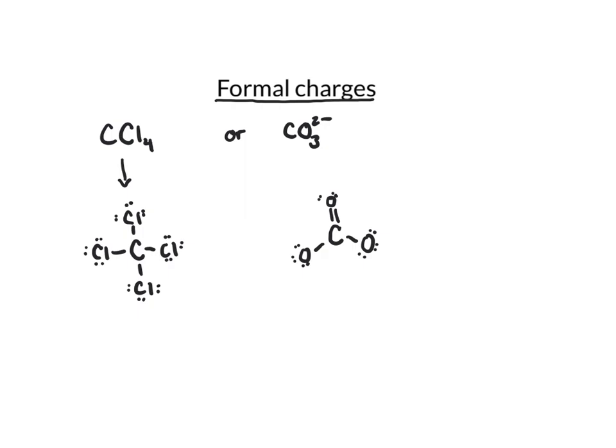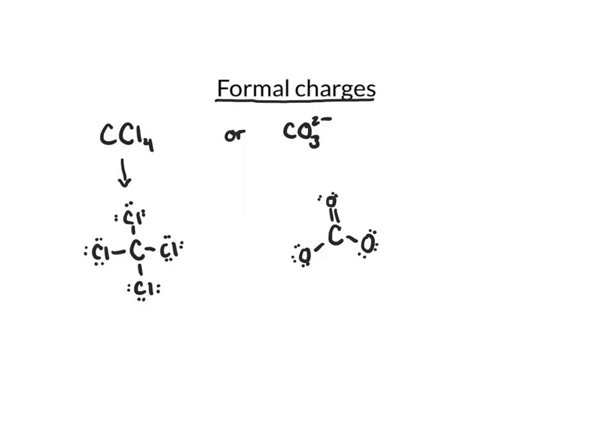So the first thing we need to do is to be able to count the number of electrons that are associated with any given atom in the structure. For instance, in carbon tetrachloride, this carbon atom has 4 bonds. So it has 2, 4, 6, 8 electrons around it when we're counting for the octet rule.